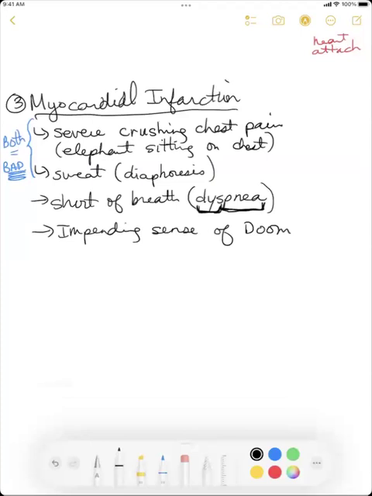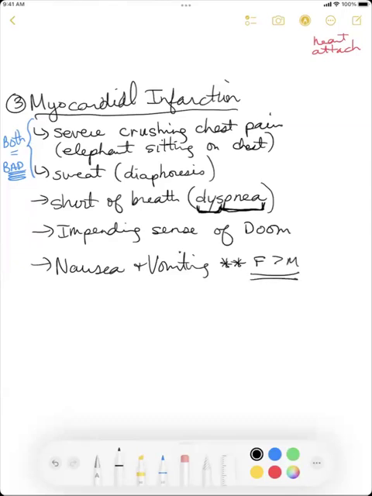In some cases, depending on which blood vessel is completely blocked off or mostly blocked off, it can present with nausea and vomiting. And this is especially true in females. It does happen in males.